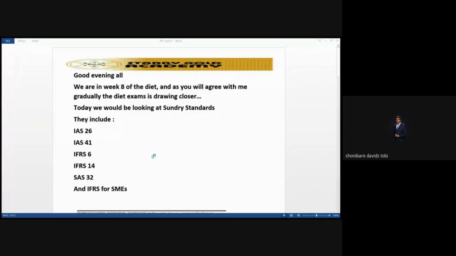But note something, any gain that you are having will be taken to profit or loss. So again, on initial recognition, for example, as a result of harvest of agricultural produce at fair value less cost to sell, it is included in the profit or loss for the period in which it arises.